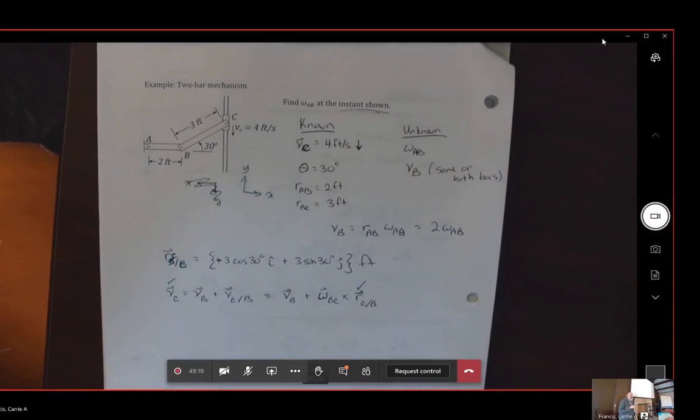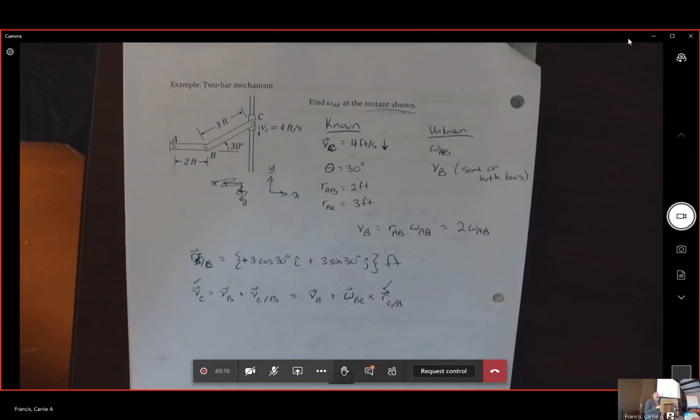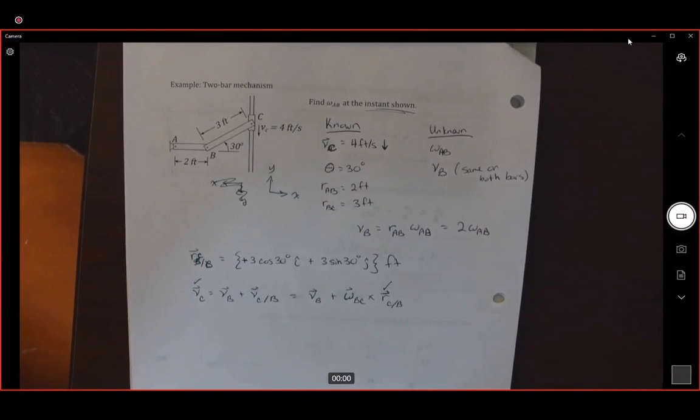Is there anything we know about how B has to move? Is there anything that we can infer from what's there? This is really going to be a point that's important for most of what you end up doing. You know what direction it goes? Down. So why down?